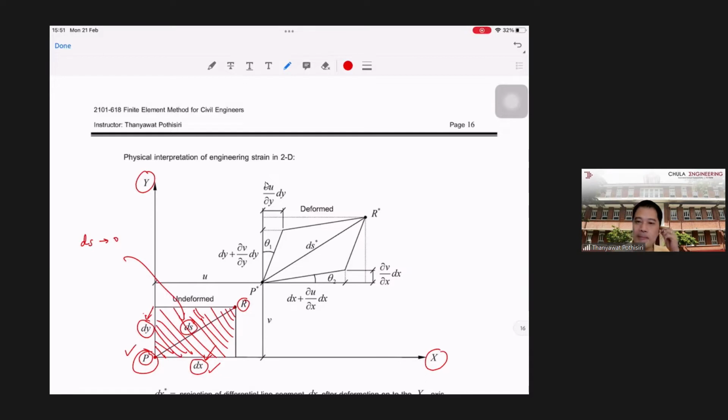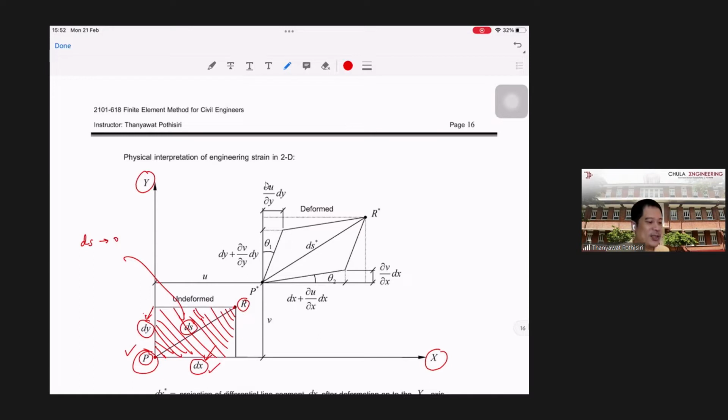All right. So now that we already have our differential sides, dx and dy, we want to try to understand how this relates with the strain components or the strain quantities. For example, epsilon x.